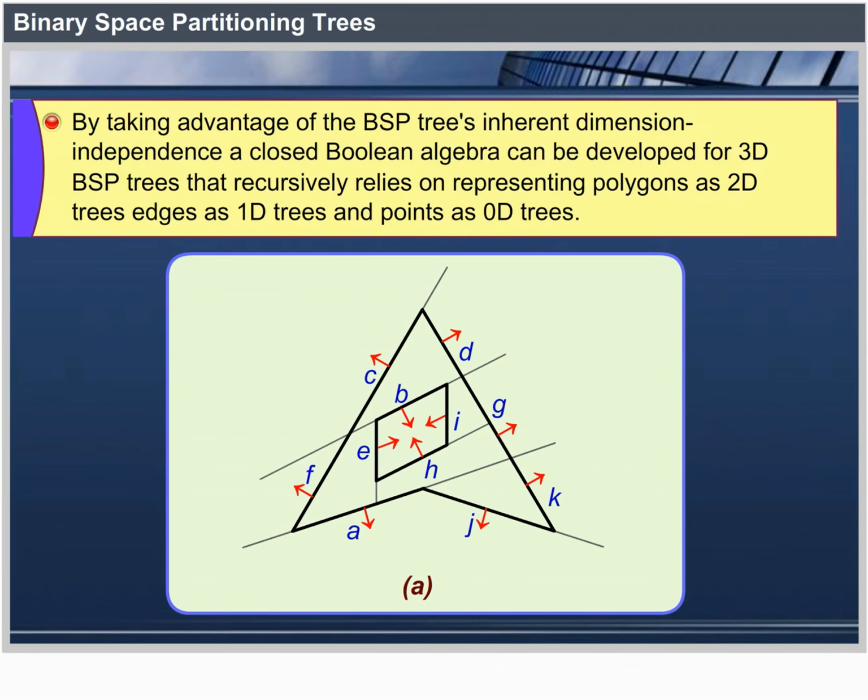By taking advantage of the BSP tree's inherent dimension independence, we can develop a closed Boolean algebra for 3D BSP trees that recursively relies on representing polygons as 2D trees, edges as 1D trees, and points as 0D trees.